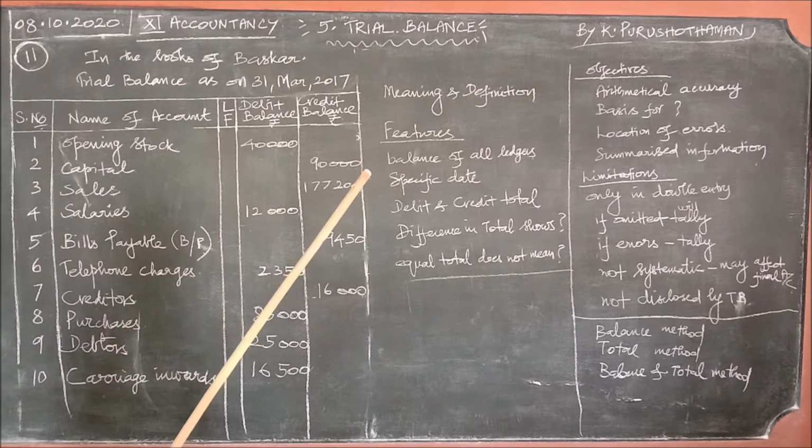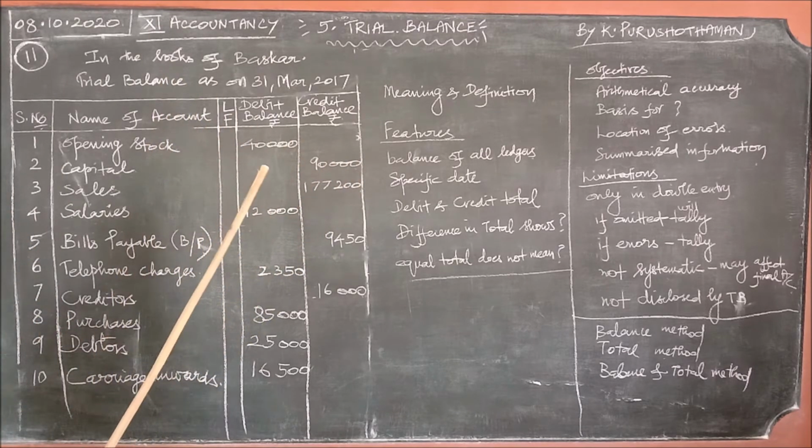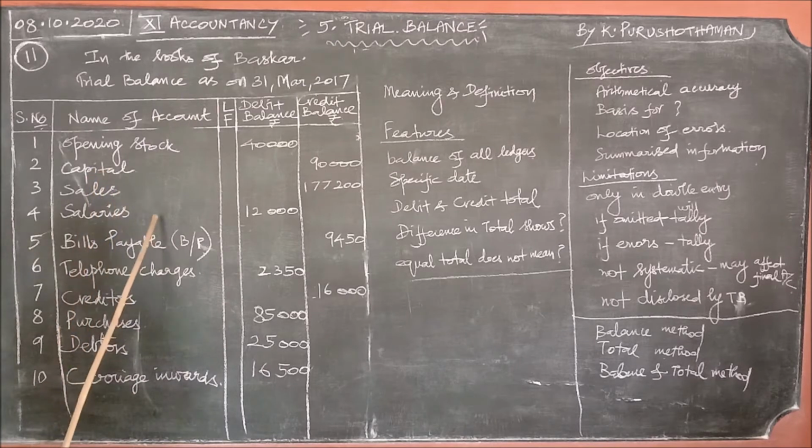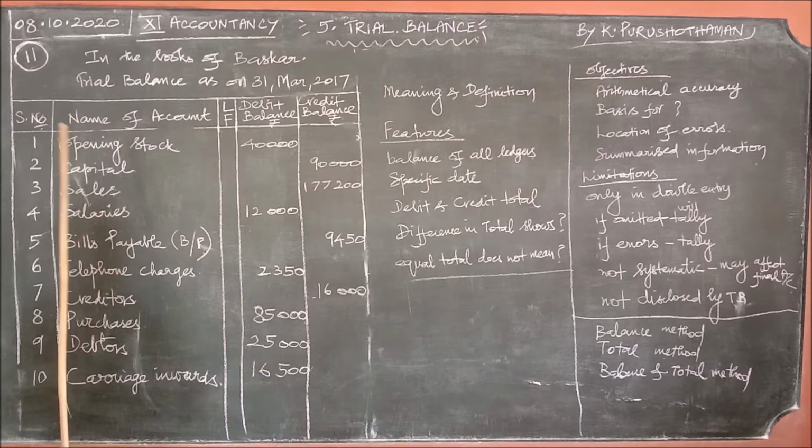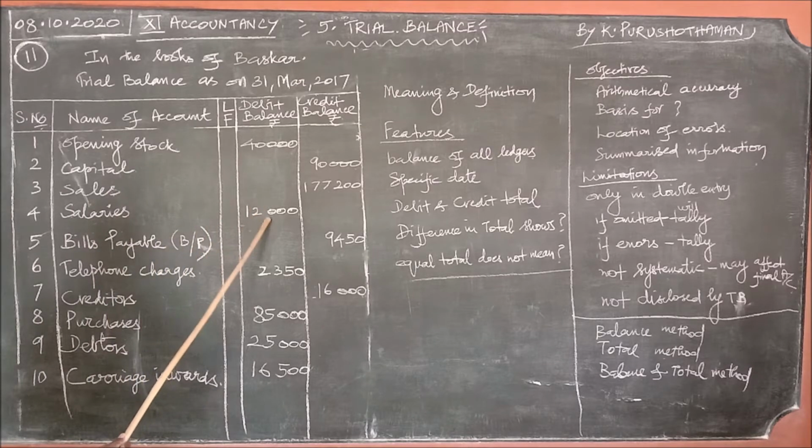If you prepare it like that for the sales account, the balance brought down comes on the credit, therefore we are writing on the credit side. Likewise, if you prepare the ledger account for salaries, where will the balance brought down come? It will come on the debit. So, we write it.